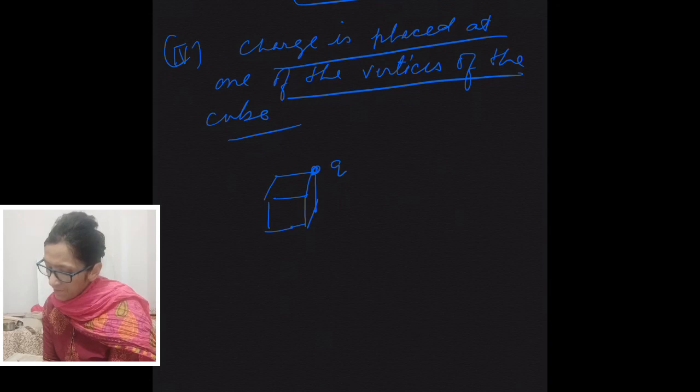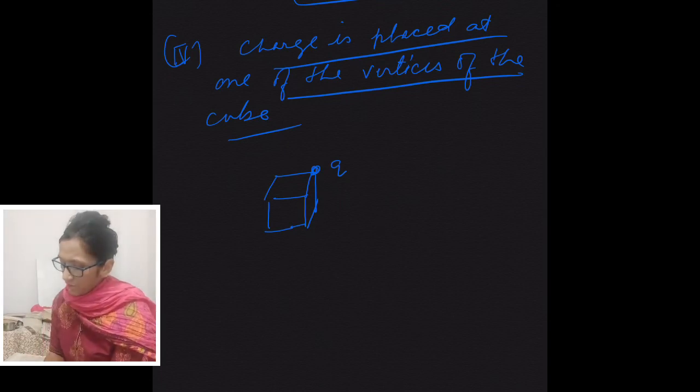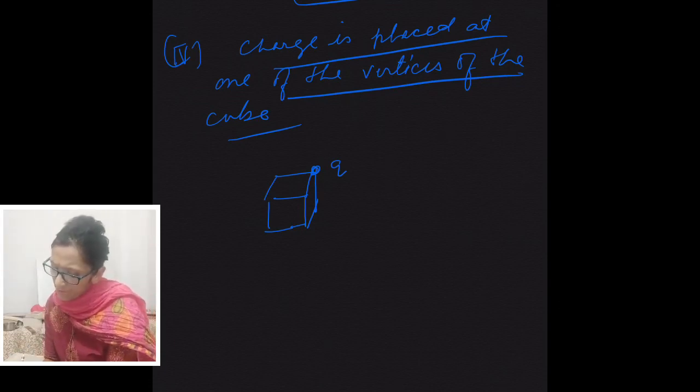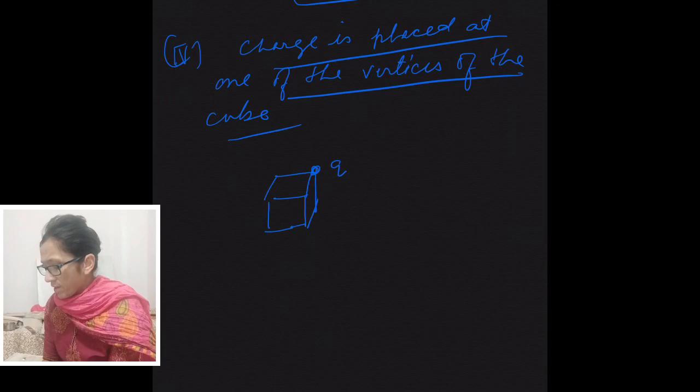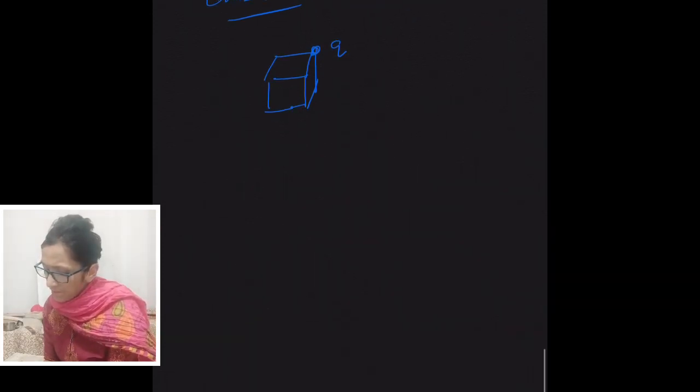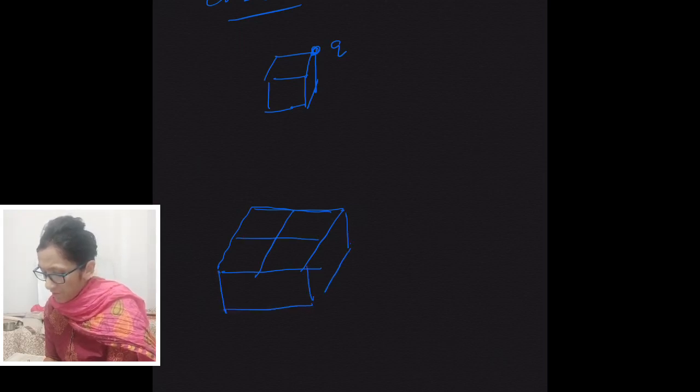A charge is placed at one of the vertices over here. We will try to cover this charge by taking some similar cubes and cover it from all the directions. Let me take firstly 4 cubes as base. These are the 4 cubes, which will form the foundation of the charge present here.